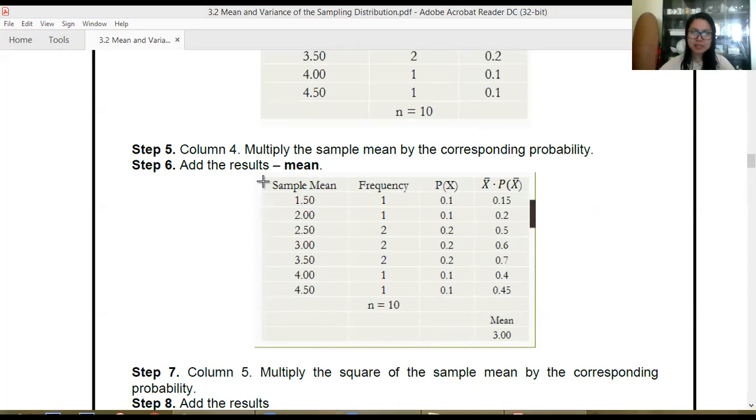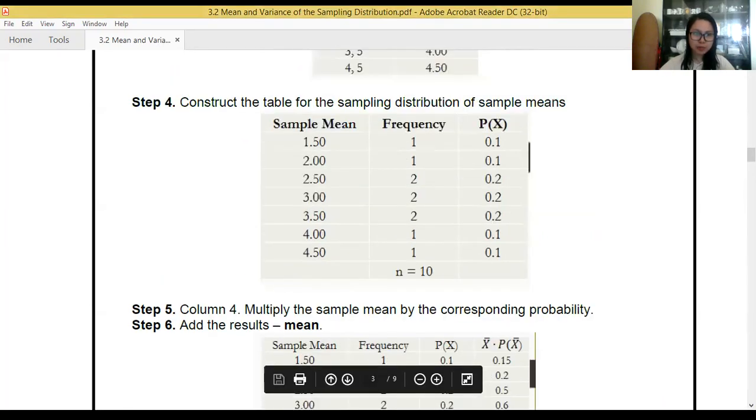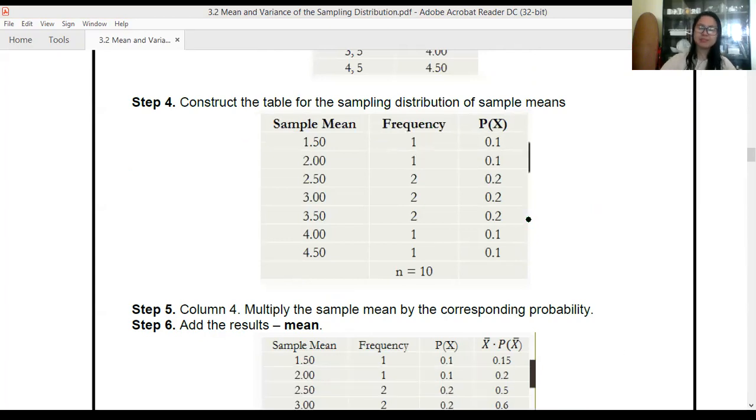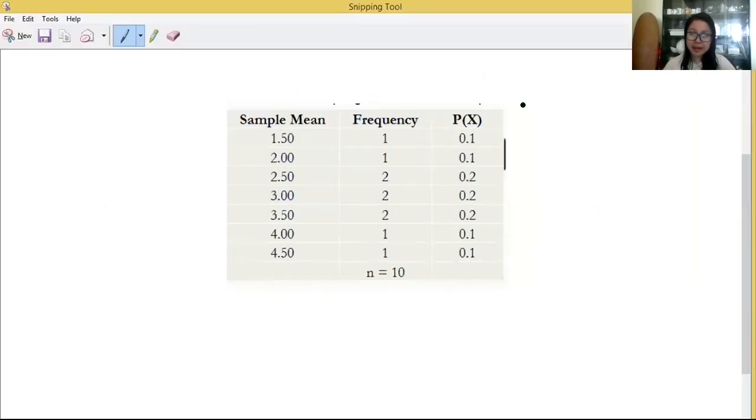Let me start in step 4. Now, how do we solve for the mean and the variance? In step 5, you need to add another column. Remember chapter 1, lesson 3. Let's have x times p of x. What do we do? Remember, this is our x. We will multiply these two columns.